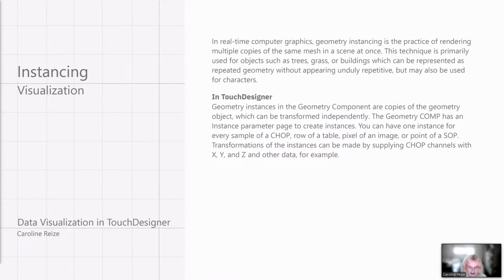The geometry comp has an instancing parameter page, and we can use it to copy our sub input and make multiple instances of it. And then we can use a very wide range of data: CHOP channels, tables, pixels of images, and even SOP points to create instances and also influence them.